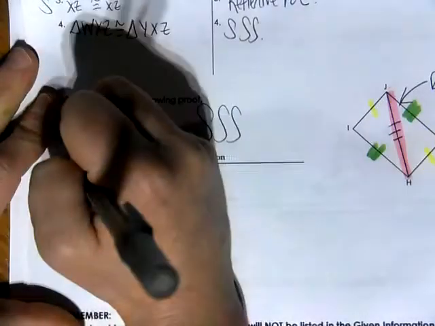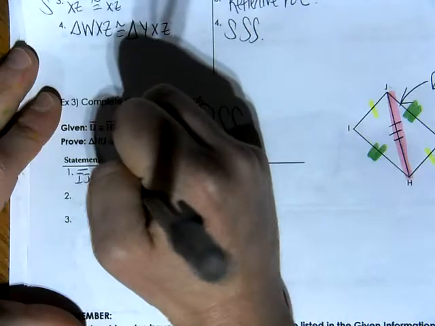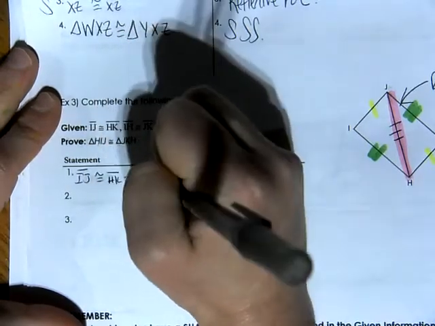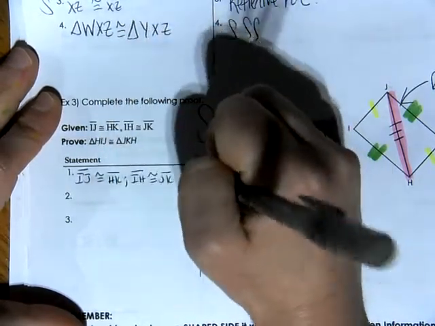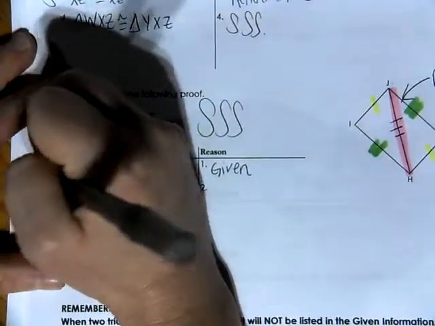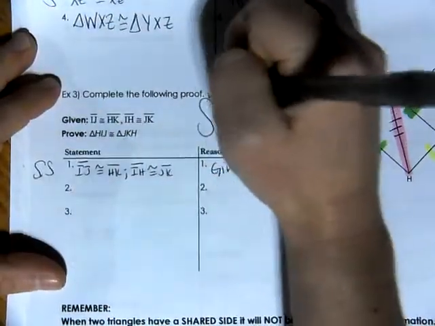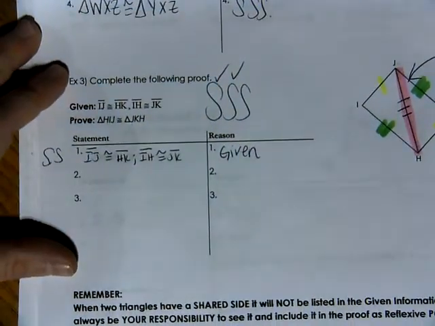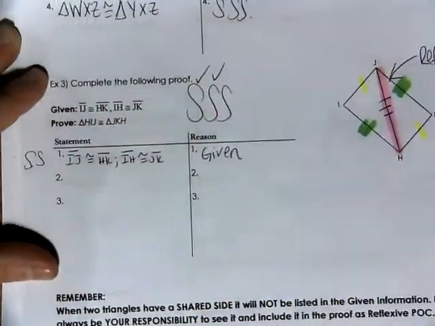So let's go ahead and write down what's given to us. I have IJ is congruent to HK, and I have segment IH is congruent to segment JK, and I write this because it is given. And what I was given was actually two S's. And now I need my third S, my third side.